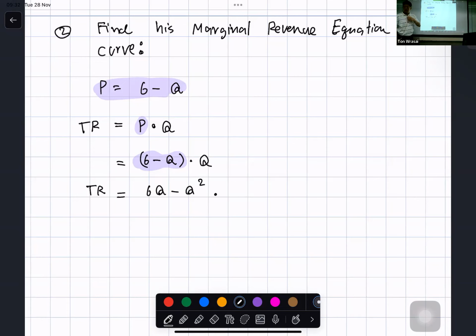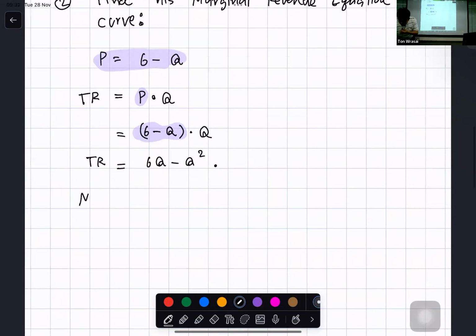But what we want now is MR. And we remember that the recipe for MR is this: change in total revenue when we change output sold. Change in TR divided by change in Q. Or in terms of calculus, we may write dTR by dQ. d means small change. dTR by dQ.